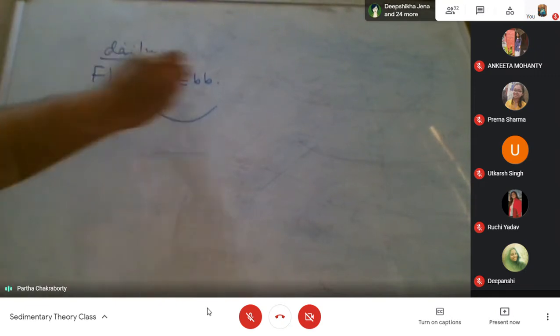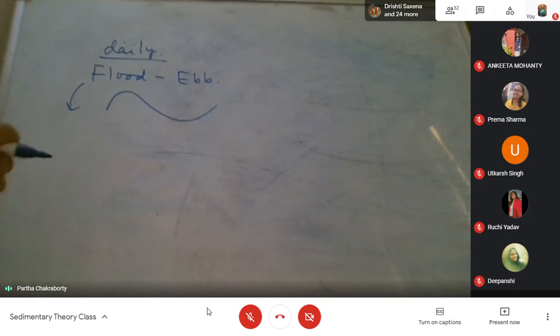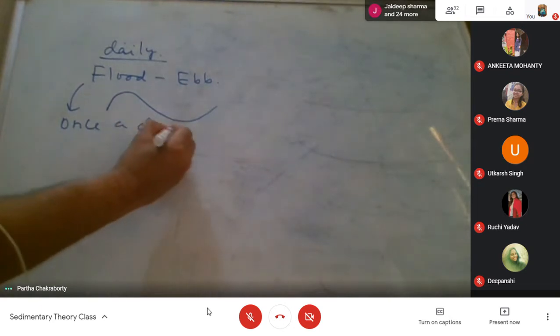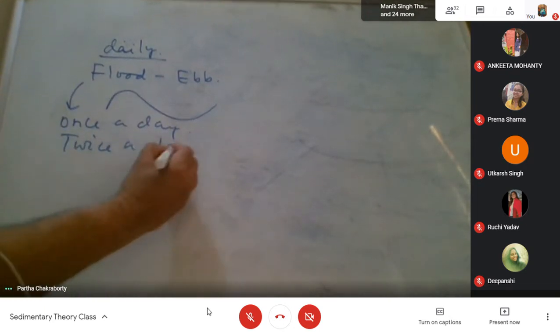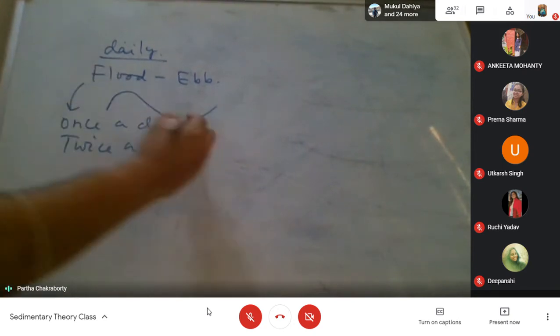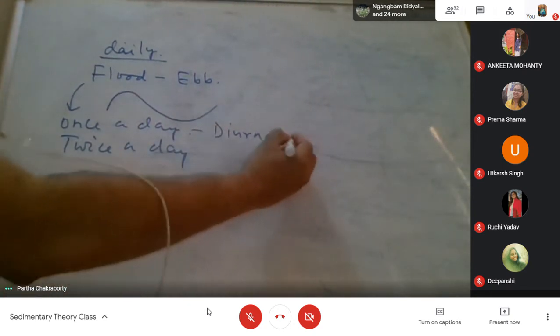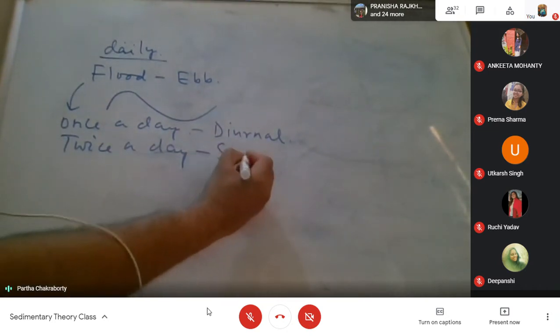Now, this flood and ebb may operate on a particular shoreline once a day, or it may occur twice a day. If the flood and ebb operate on a shoreline once a day, we call it a diurnal system. If it operates twice a day, we call it a semi-diurnal system.